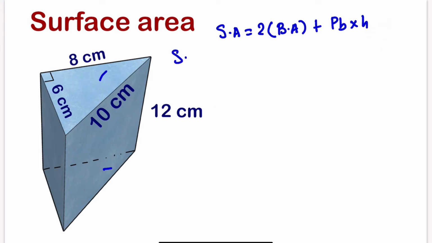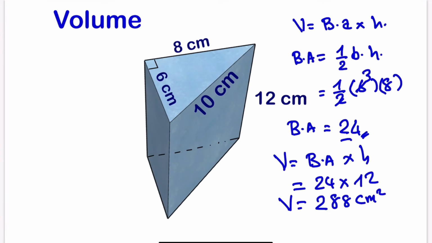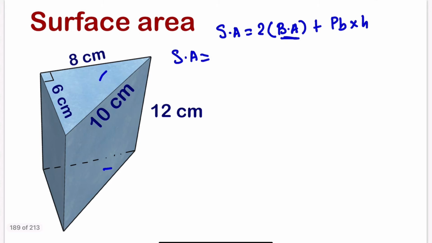So surface area will be equal to, we calculated the base area of one base before, it gave us 24. But in this case it's 2 times because we have 2 triangles. So we are going to have 2 bracket 24 plus the perimeter of the base.